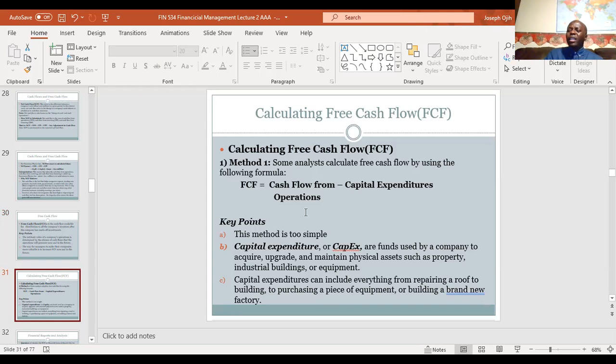So everything from repairing a roof, to purchasing new equipment, or building a brand new factory, all those things are capital expenditures.